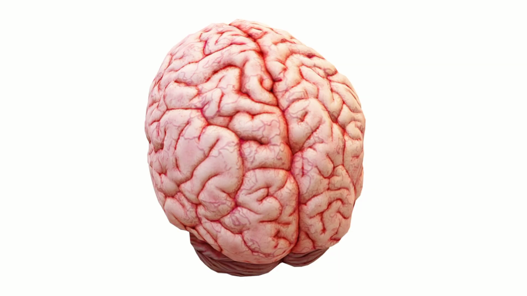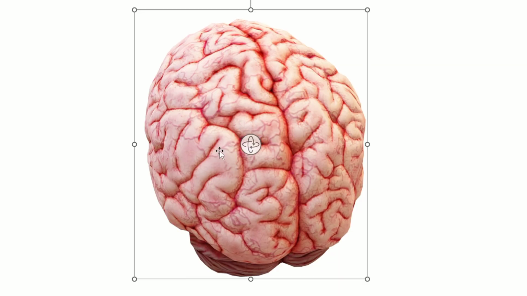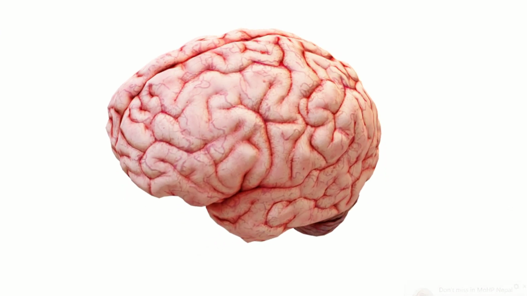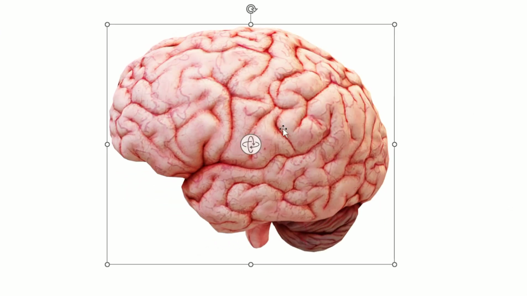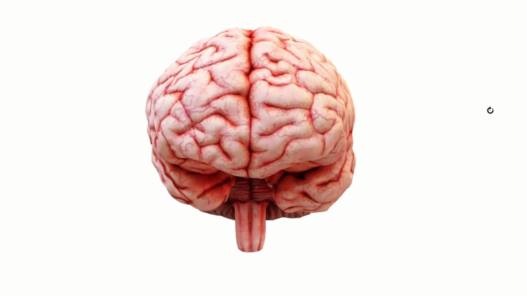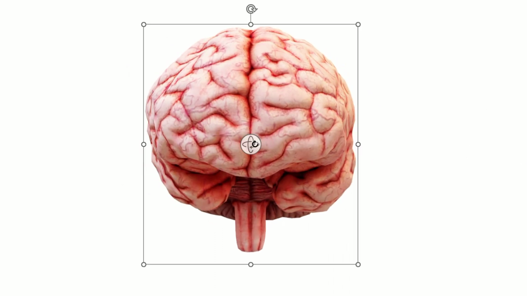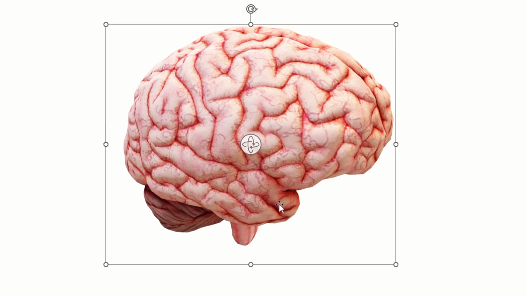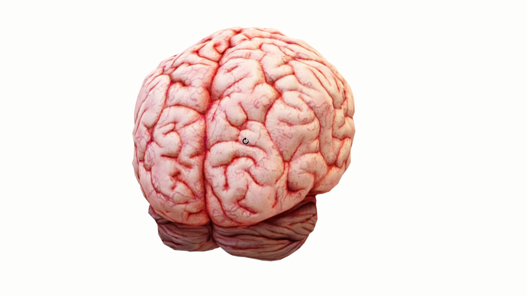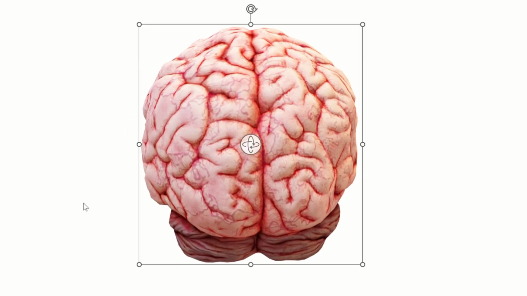Now let's move towards the brain and towards the visual cortex. So this is our brain. You can see here, it's a beautiful brain. This is the frontal part of the brain. This is the temporal part, this upper is the parietal part, and this back one is the occipital part of the brain.